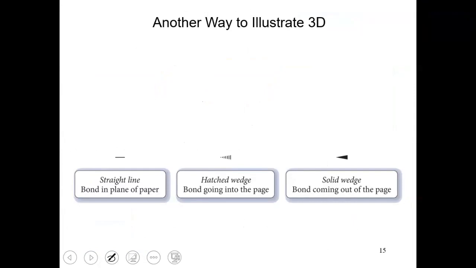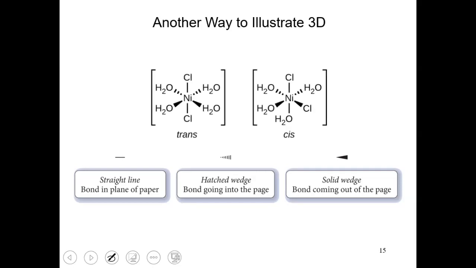You can use a straight line to indicate a bond that is on the same plane as the paper or screen, a hatch wedge to represent a bond that is going into the page or screen, kind of away from us, or a solid wedge to represent a bond that's coming out of the page or screen, kind of towards us.